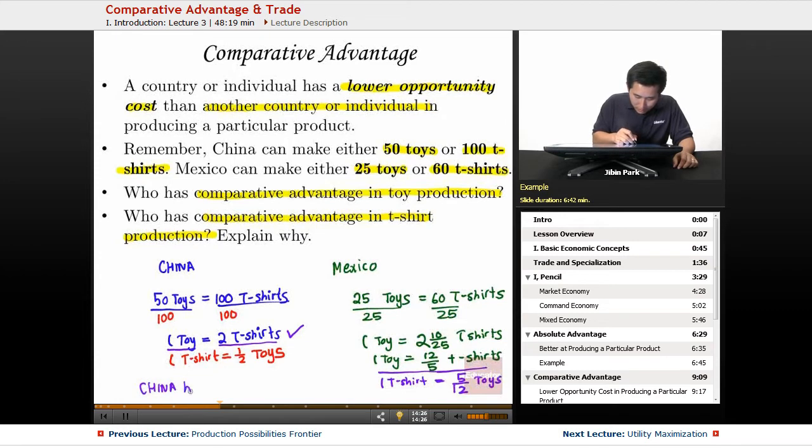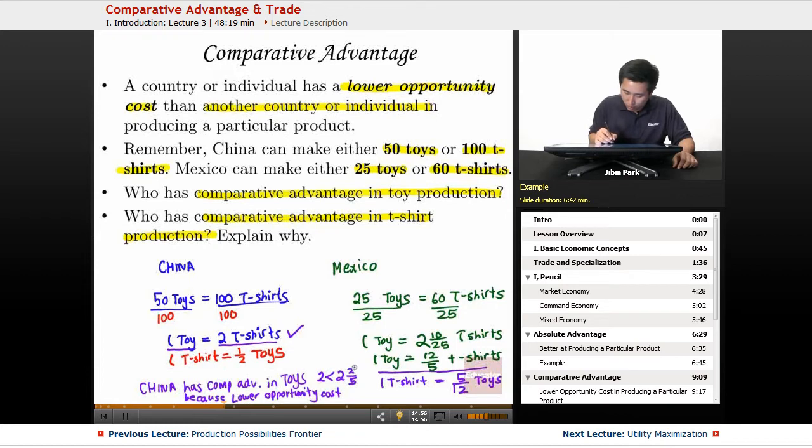China has comparative advantage in toys. Why? Because it has a lower opportunity cost. The reason is that 2 is actually less than 2 and 2/5, in terms of what's being given up in terms of t-shirt production here.